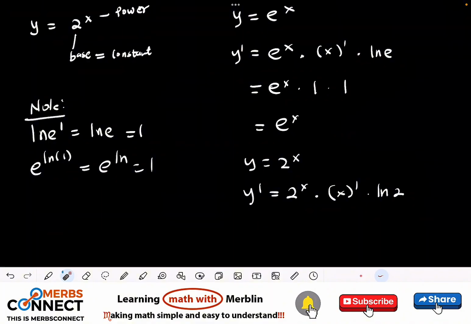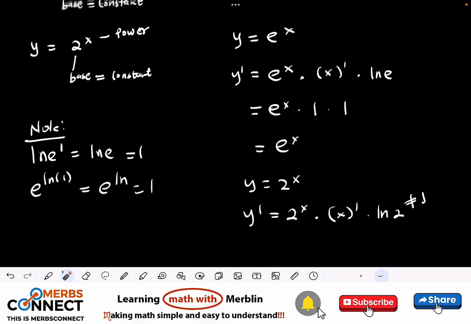So now the base is not e, it is 2. And we can see that ln 2 is not 1, as we saw from here that ln e is 1.